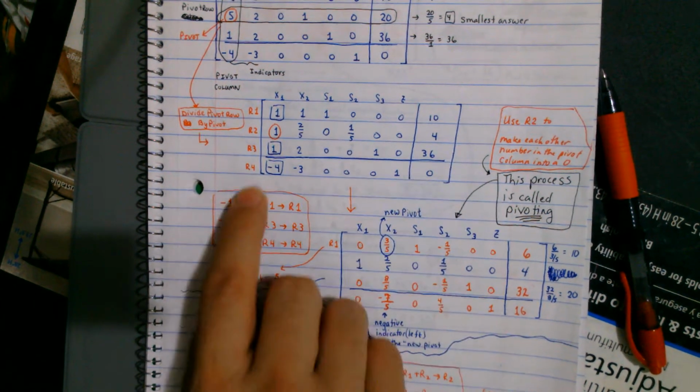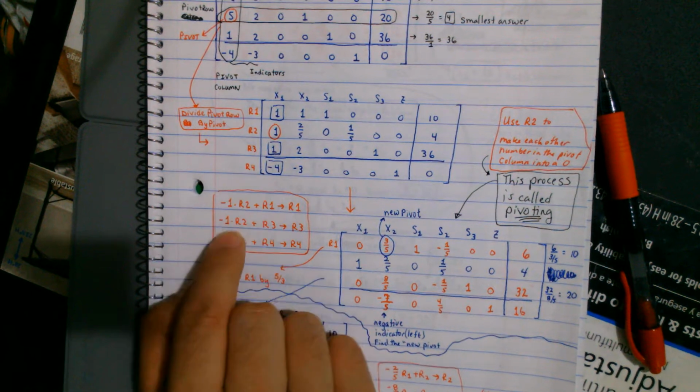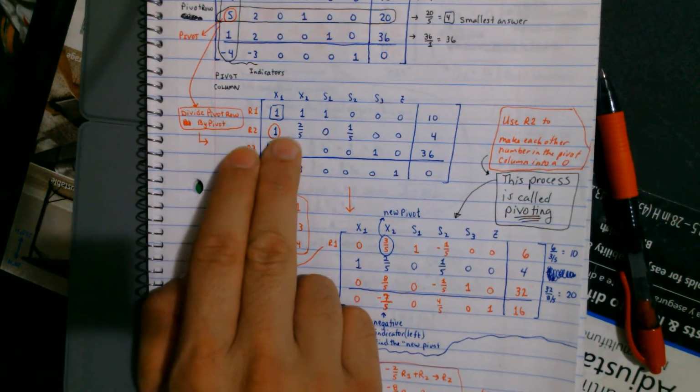And now the last one, to cancel a +1 with a -4, I have to multiply the second row by +4 here.